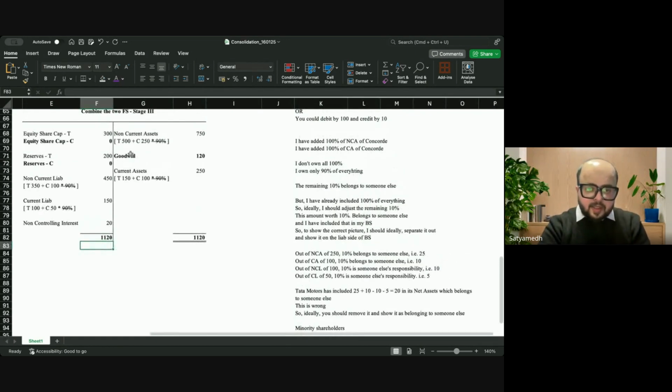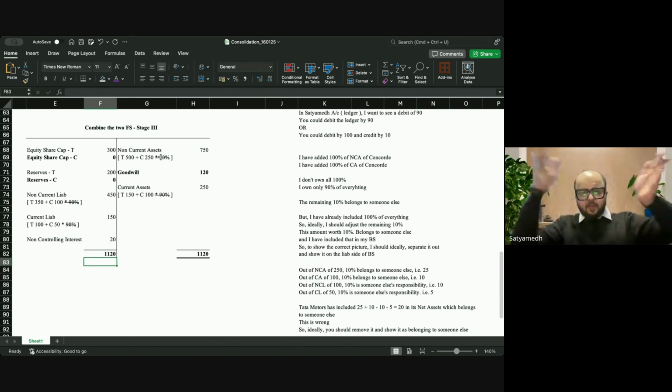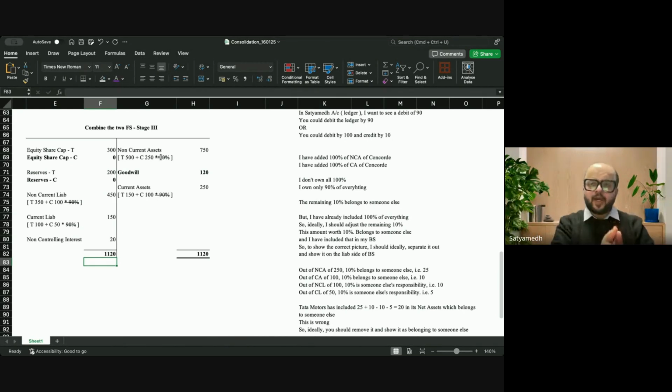So this is how you combine the two balance sheets and you present a consolidated balance sheet for the users, for the world to see. This is what the accounting standard tells you. Accounting standard को ये proportionate consolidation मंजूर नहीं है. Accounting standard doesn't like this into 90% into 90%. They tell you पूरा का पूरा add it line by line, non current asset, non current liability सबको add कर दो.